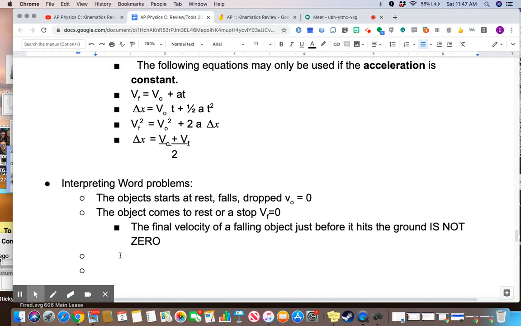You see the word constant velocity. Object moves with constant velocity. Acceleration is 0.